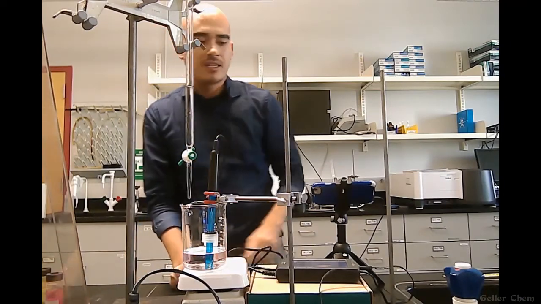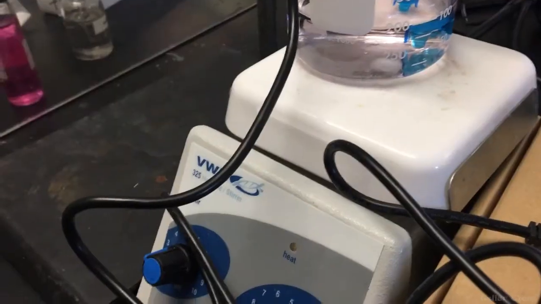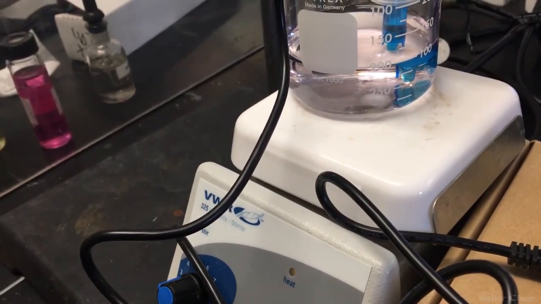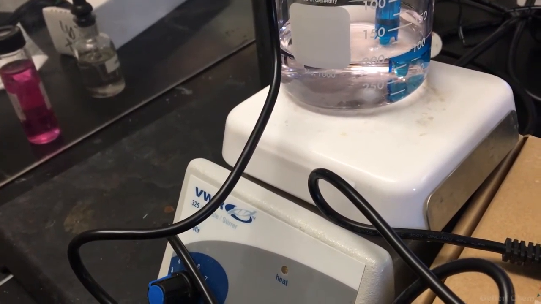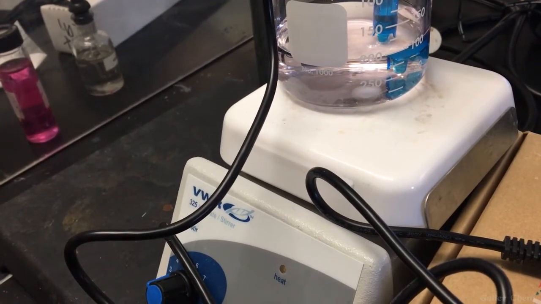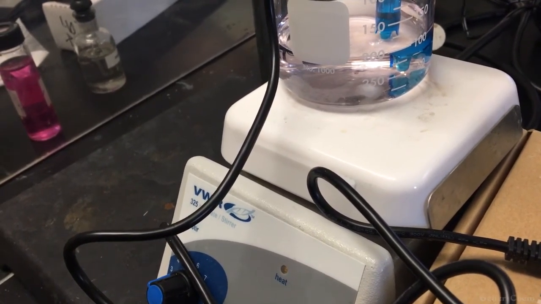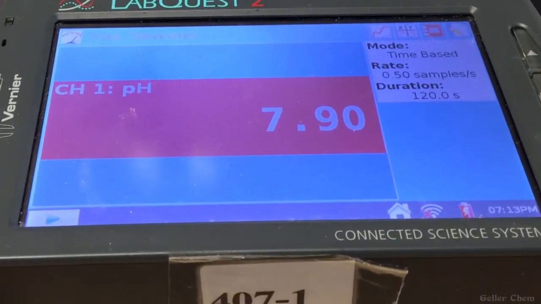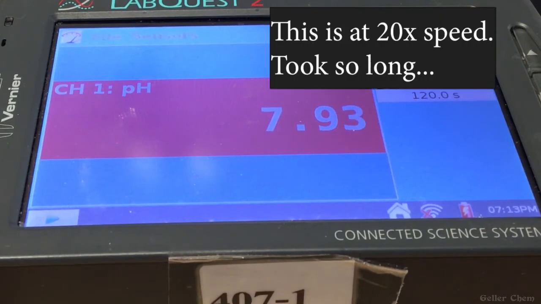There we go. If we look over here, we can see that the solution has actually turned color. It is hard to see with the camera, but hopefully you can tell that that is no longer clear. It is a faint pink. Now let's look at our pH. And let's fast forward because the pH needs some time to stabilize.